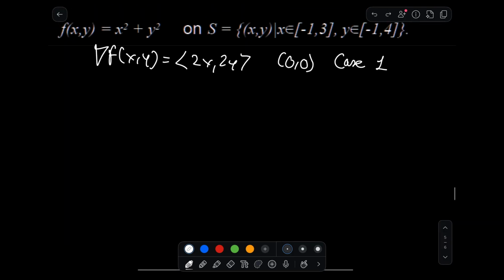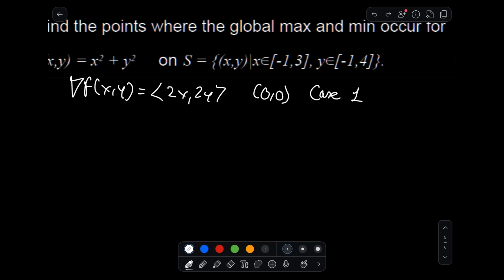And now for each of these boundaries, last time we had a circular boundary, now we have a rectangular boundary. The only difference now that you have to really worry about is just plugging in at each of these respective corners. And the reason why you would plug in at each of these respective corners is because, for example, for the y values, the lowest you can go is -1.